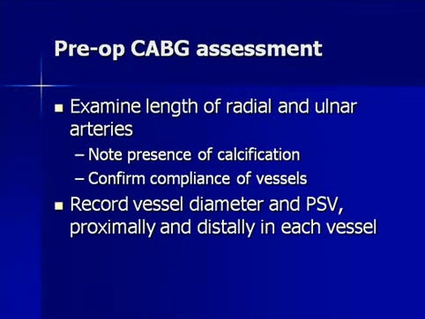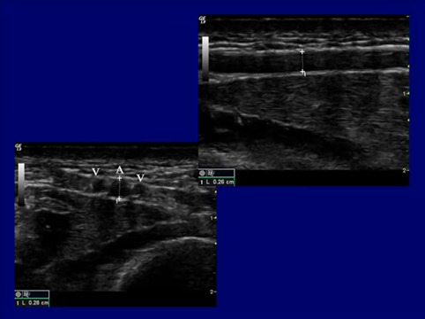One of the other areas that we get asked to look at the upper extremities for is in patients undergoing a coronary artery bypass. We need to evaluate the radial and the ulnar arteries to make sure they're adequate, look for calcification, confirm that the vessel is still compliant, and we're going to record the diameter and the velocities within these vessels.